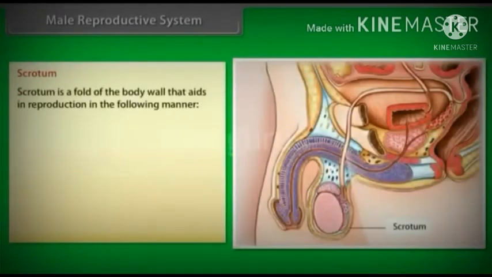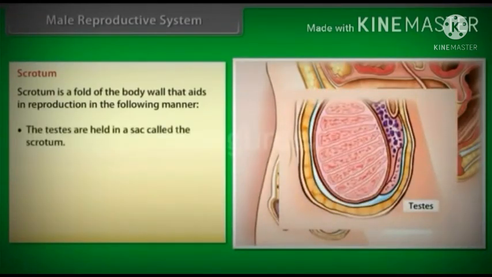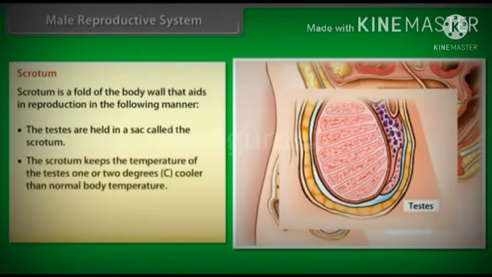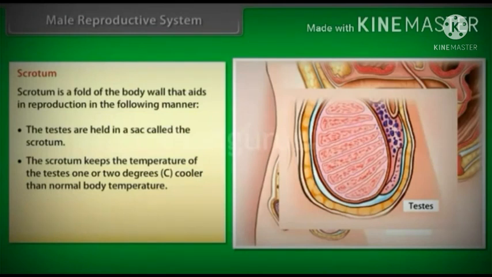Scrotum. Scrotum is a fold of the body wall that aids in reproduction in the following manner. The testes are held in a sac called the scrotum. The scrotum keeps the temperature of the testes 1 or 2 degrees cooler than normal body temperature. This lower temperature is necessary for sperm production and storage.